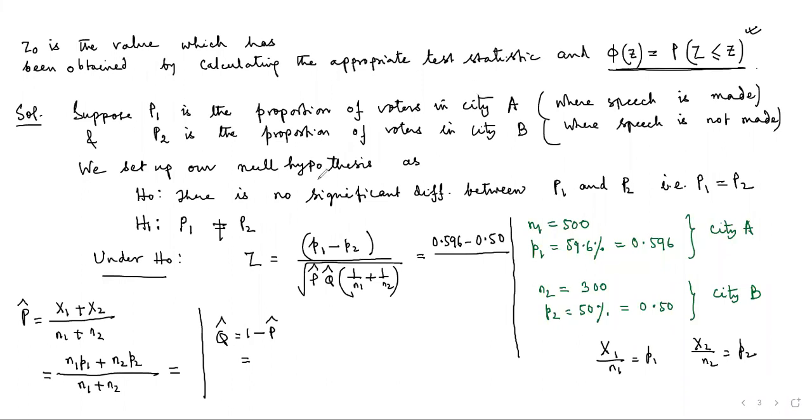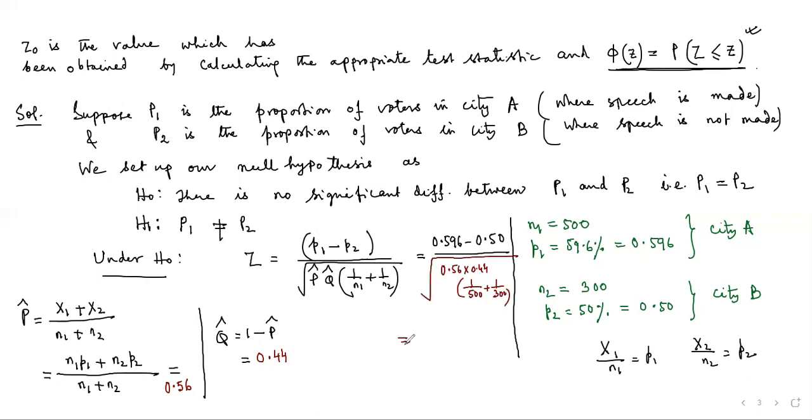From my calculation, if I'm not wrong, P cap is coming out as 0.56 and Q cap is coming out as 0.44. So I can put these values over here: 0.56 times 0.44, times 1 by 500 plus 1 by 300, under the square root sign.